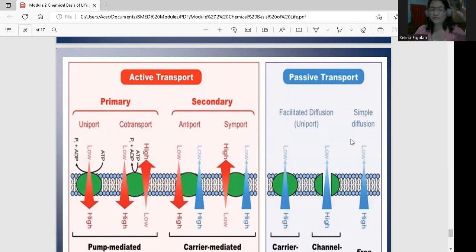Pero pag sinabing passive transport, mabilis lang ang proseso. Pagbaba mo ng bundok, mas magaan compared sa pag-akyat mo ng bundok. So pag-akyat, active transport, you need an effort or you need an energy. When you say passive, bababa ka without the essence of an energy. Mas mabilis ang pagbaba. That's the difference between your active transport and your passive transport.